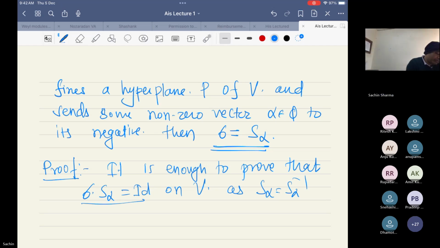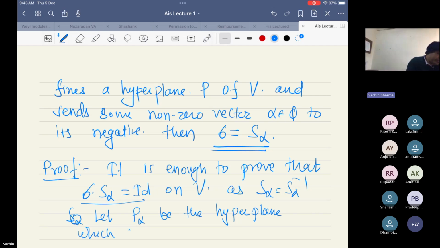Now we know that S alpha. So let P alpha be the hyperplane perpendicular to alpha.